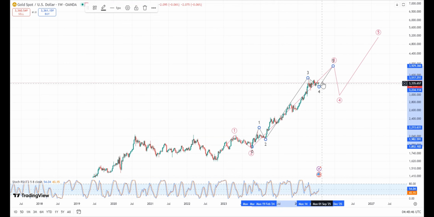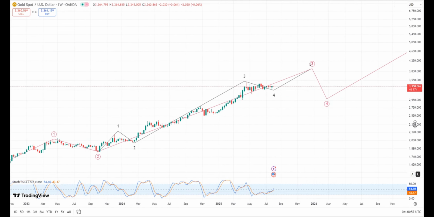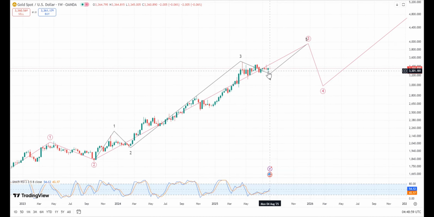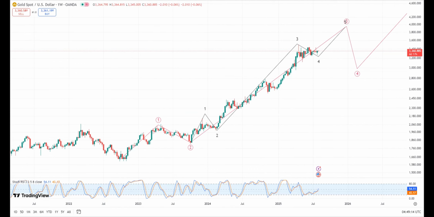The consolidation we've been seeing since is our wave 4, and we'll be having a blow off, as in a leg up to the upside for wave 5 to complete this Elliott wave count. And you can see this bottom we have here corresponds to this stochastic RSI.